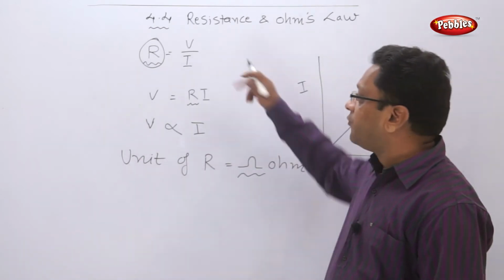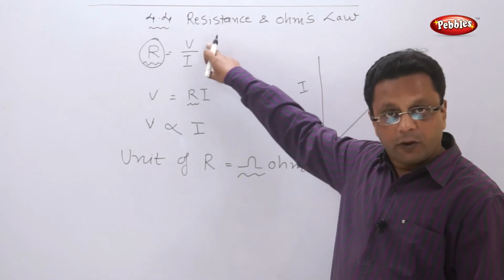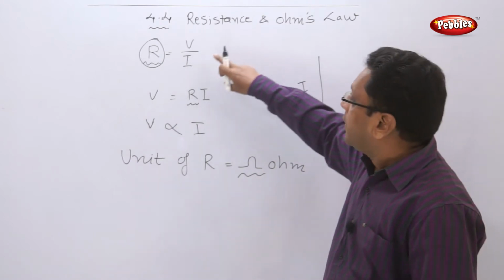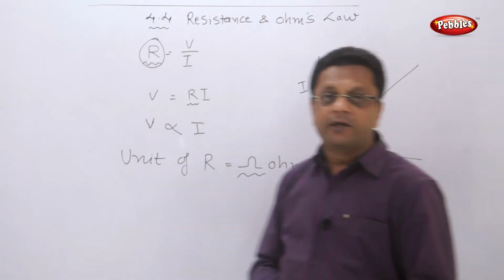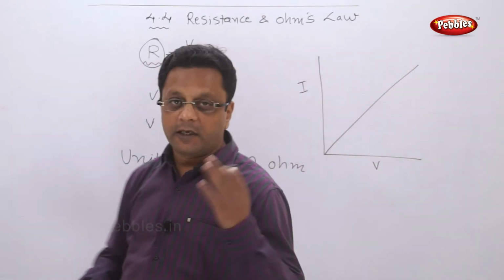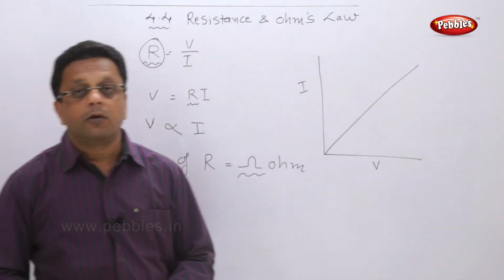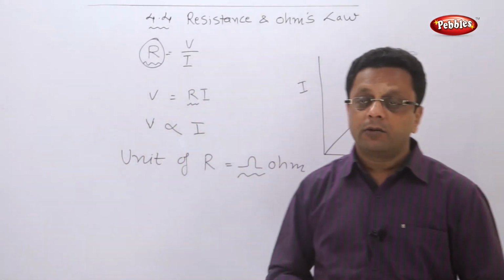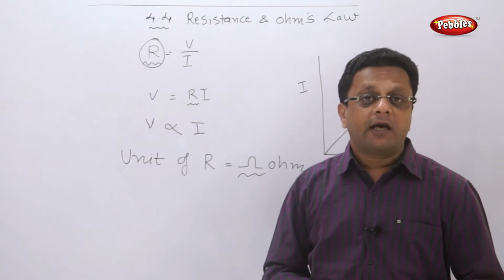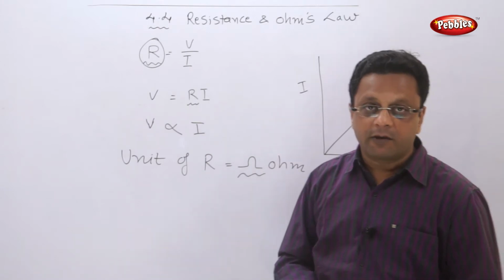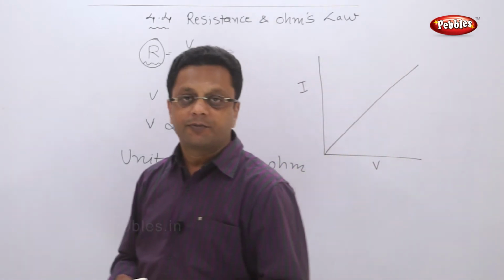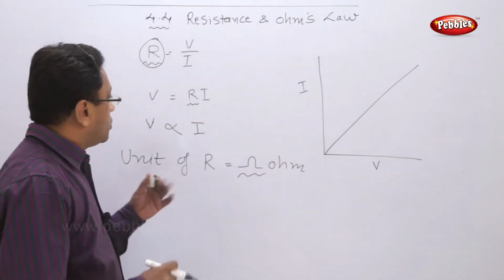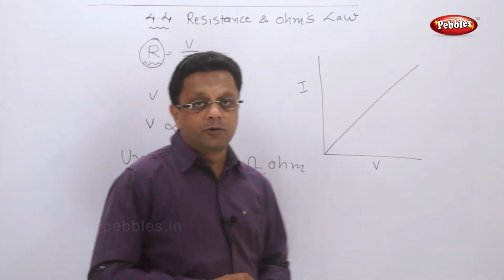When a potential difference of 1 volt is applied across and a current of 1 ampere is flowing through the circuit, the resistance is equal to 1 ohm. It is very simple. Again, I am telling you, please learn by heart the definitions word by word from your textbook. Okay? So this is about Ohm's law.